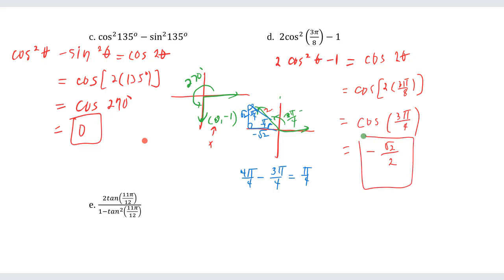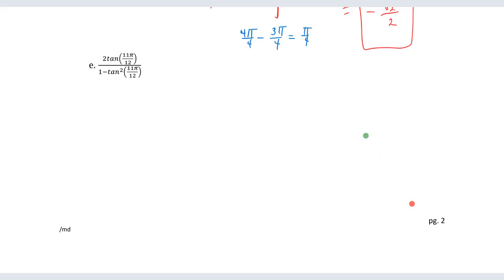Now moving on to the last statement here, which is letter E. Once again, treat this angle right here as angle theta. If you look at the formulas, there is a formula that is 2 tangent theta over 1 minus tangent squared theta, which is the only formula we have for the double angle for the tangent.